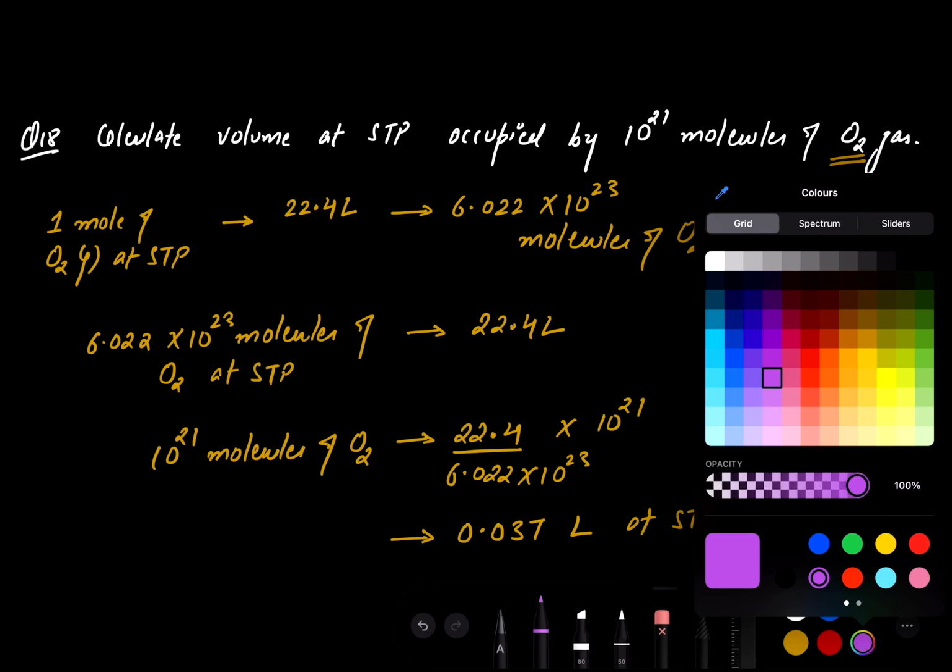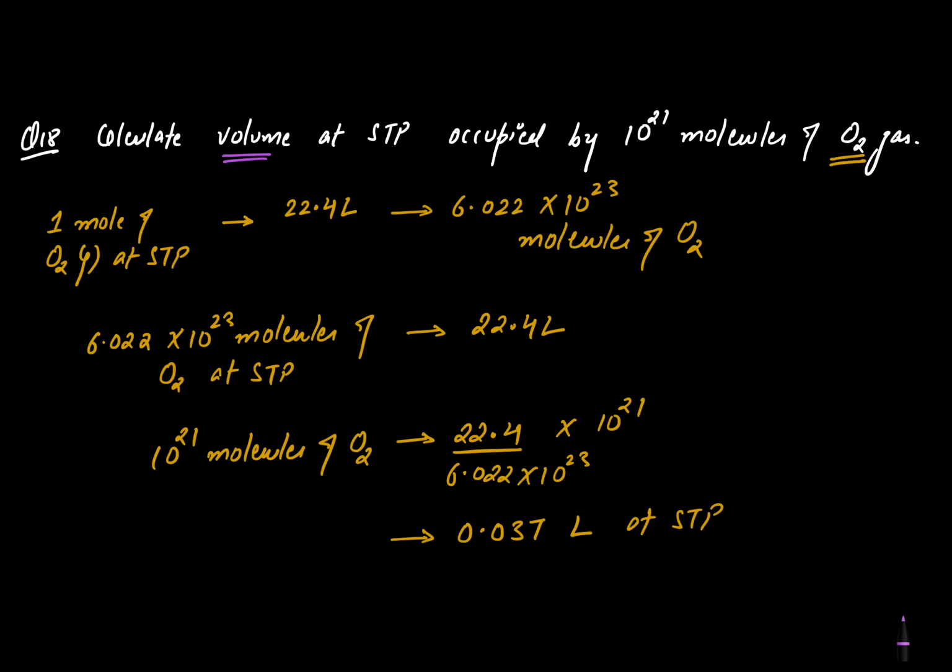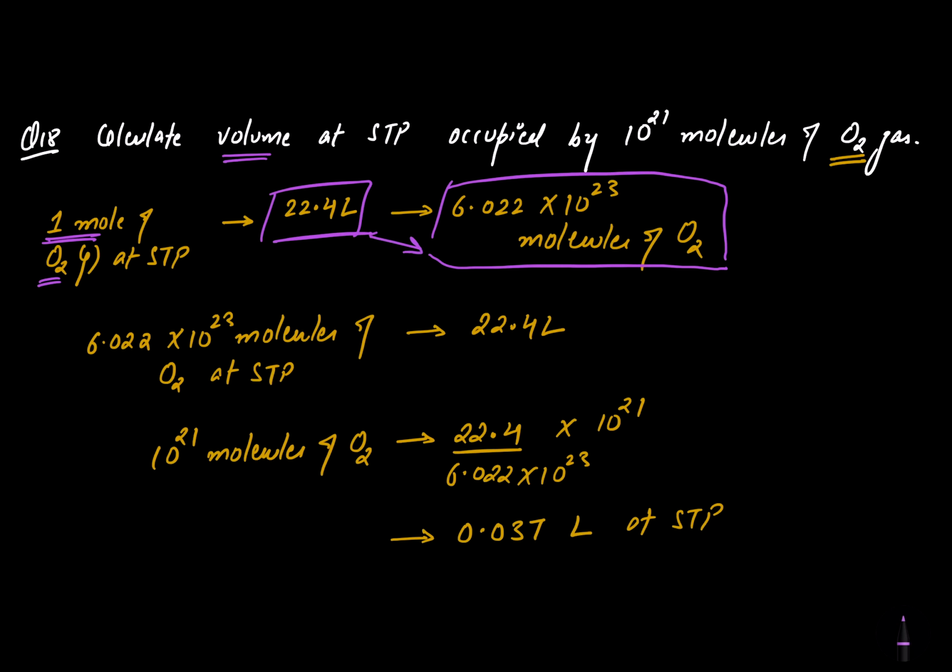Now again I'm discussing this numerical. He is saying calculate the volume at STP occupied by 10 to the power 21 molecules of O2. I know that 1 mole of O2 will occupy the volume of 22.4 liter, which will have this much number of molecules. Now I have used this relation that 6.022 into 10 to the power 23 molecules at STP will occupy 22.4 liter.